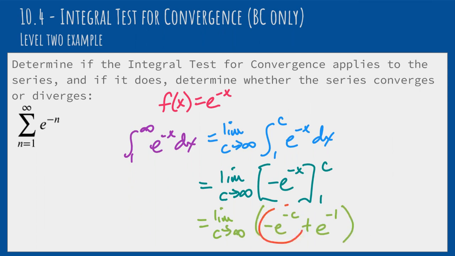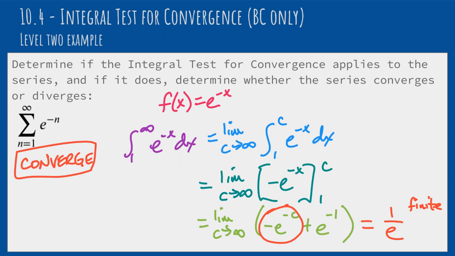So this term here is approaching zero, and so this sum here is approaching 1 over e. And the value itself doesn't matter. What matters is that this is a finite integral. So the integral itself converges, and the integral test says that the integral and the sum will either both converge or diverge. So the sum itself will also converge. And that's it.